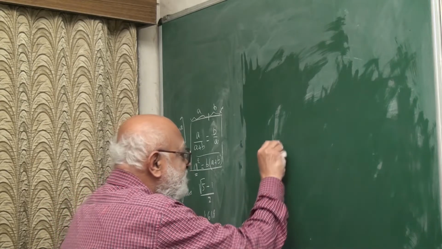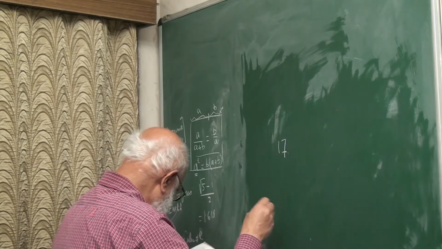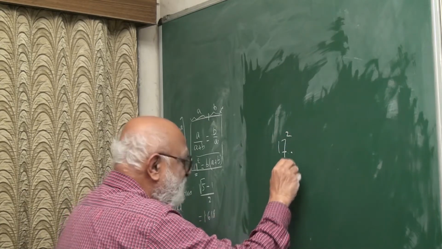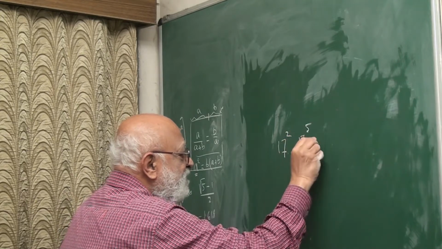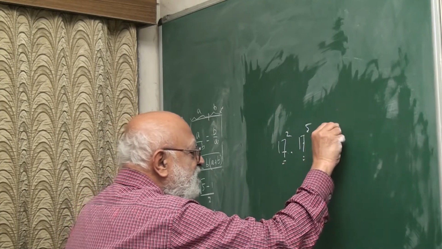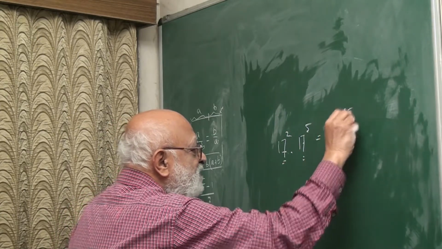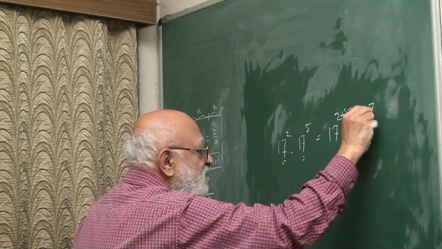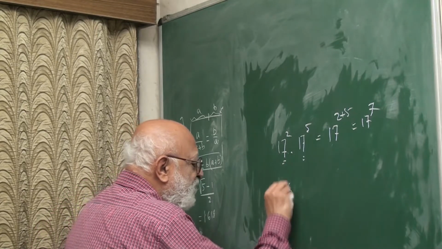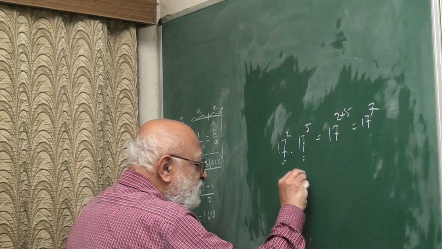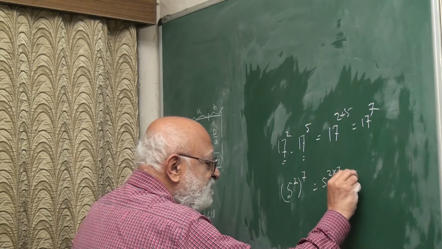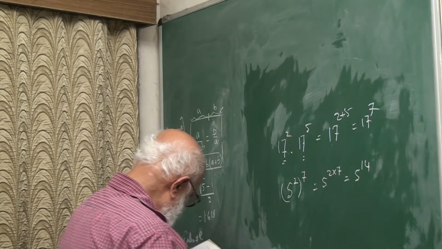Okay, let's do it. How do I do it? 17 squared into 17 to the power 5. That's what I should check first. The base is the same, so it should be 17 to the power 2 plus 5, that is equal to 17 to the power 7. Then 5 squared into 5 to the power 7, that is 5 to the power 2 plus 7, 5 to the power 9.